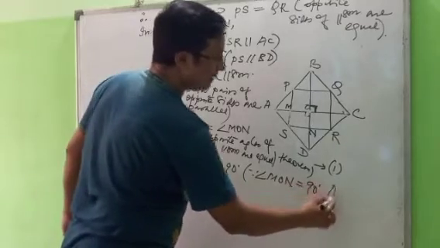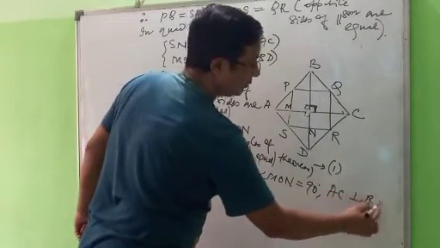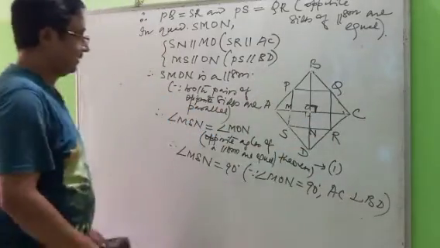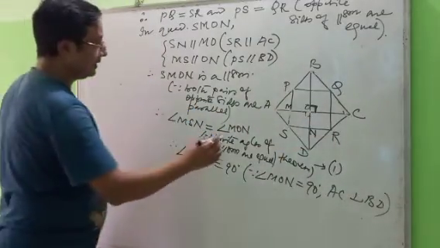Why? Because AC is perpendicular to BD. Because this is a rhombus.